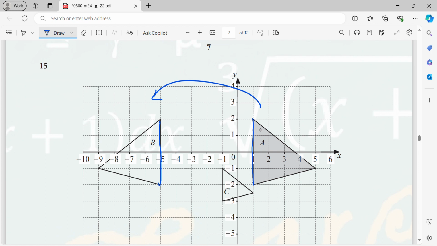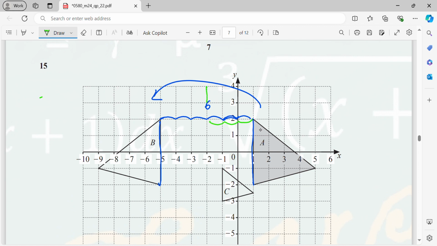So now I have to calculate how much is the distance here. So 1, 2, 3, 4, 5, 6. 6 units away from A and B, right? So with reflection you have to draw a mirror line. A mirror line basically divides 6 into 2 parts. So which means now it will be 3 units. 1, 2, 3.